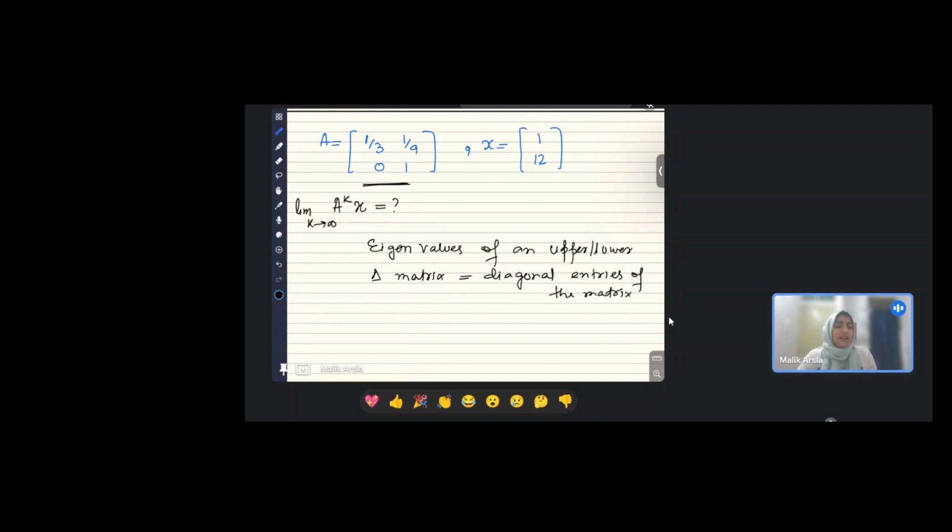Here the entries are 1 by 3 and 1. 1 by 3 is less than 1, but the second eigenvalue is not less than 1.